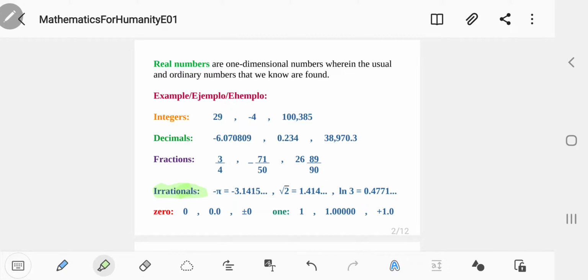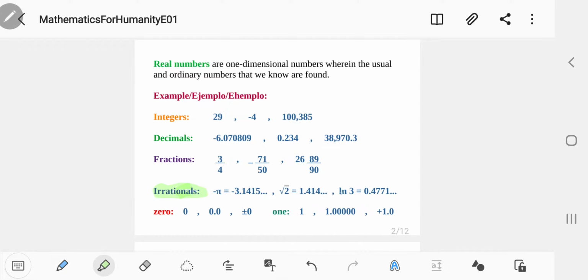We don't have space to write all those numbers because it's very long and no one knows if it terminates or not. We also have square root of 2 as an example, and that is equivalent to 1.414 followed by a very long sequence of numbers.